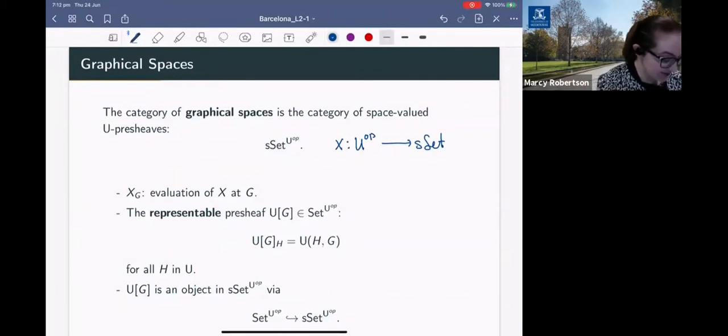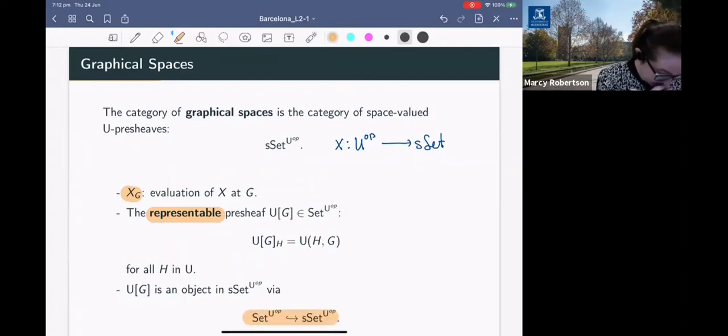I'm going to be thinking always of the Quillen, like the classical model structure on simplicial sets. We're going to use the same notation as yesterday, and I'm going to write X_G for the evaluation of this functor at G. And I'm going to use the same definition of the representable. Okay, so evaluation of U at G. This is still a set valued pre-sheaf, but I can think of it as living in spaces via an inclusion.